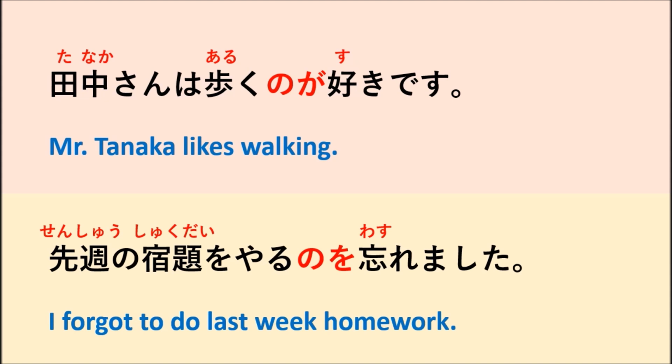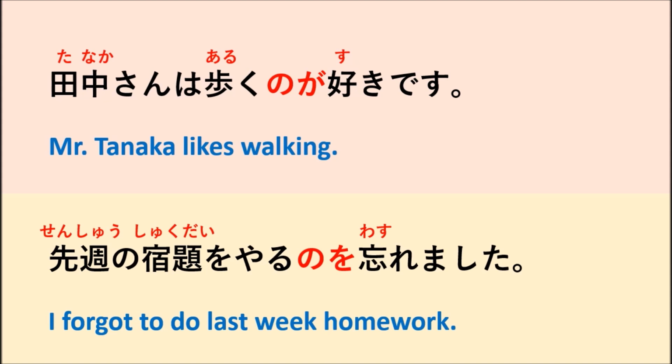What you should remember is that in the first sentence and the second sentence we also have a first part of the sentence. For example, in the first sentence we have the first part, Tanaka-san wa aruku, right? And in the second sentence we have the first part, Senshu no shukudai o yaru.